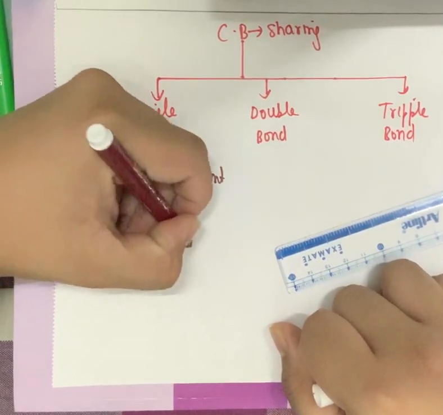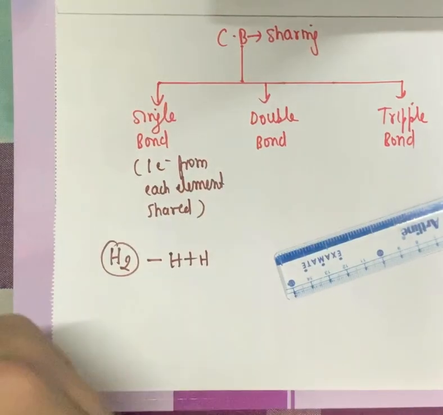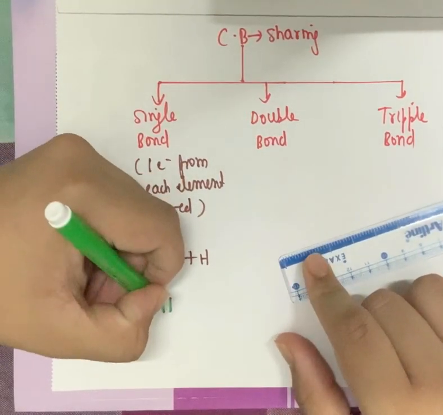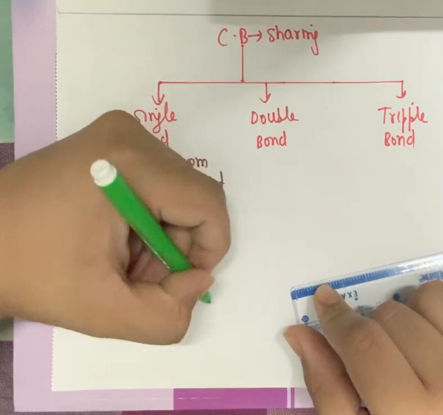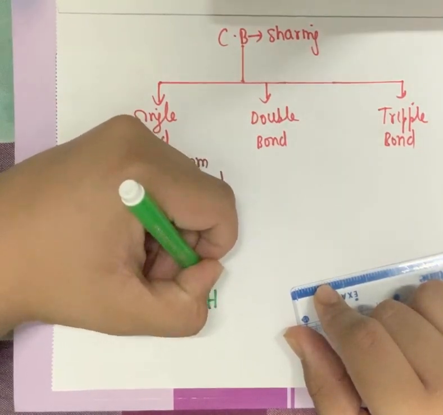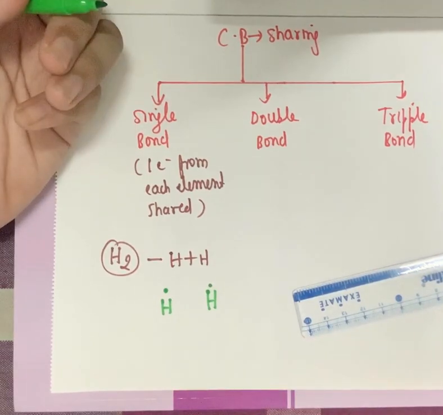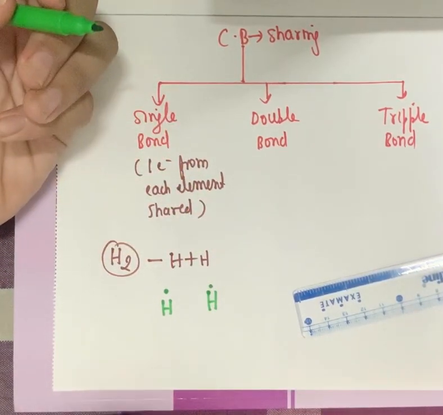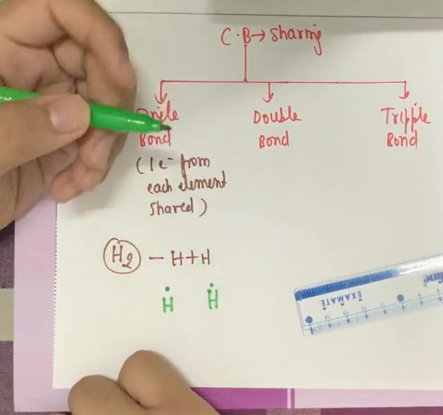H2 means H plus H. Two hydrogen atoms will form the hydrogen molecule. This hydrogen, as you know from the Lewis dot structures, will have one electron, and this hydrogen too will have one electron. So hydrogen cannot gain or lose this electron to complete its doublet. The best way is the two hydrogens come together and share the two electrons.